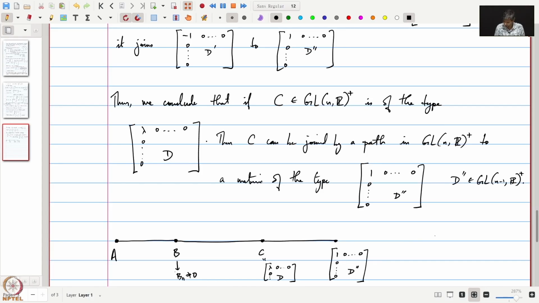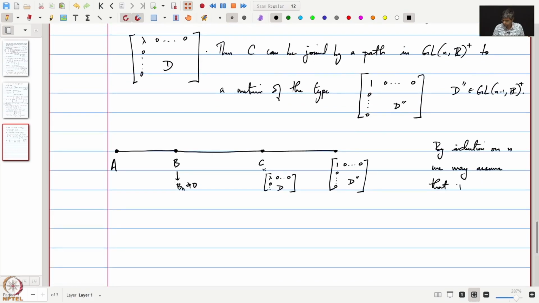So by induction on n, we may assume that D prime prime can be connected to identity n minus 1 in GL n minus 1 R plus using a path gamma.